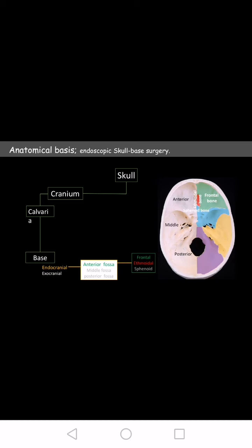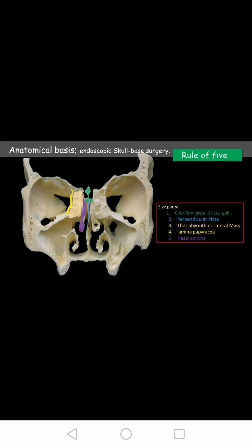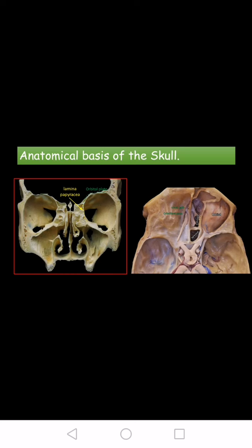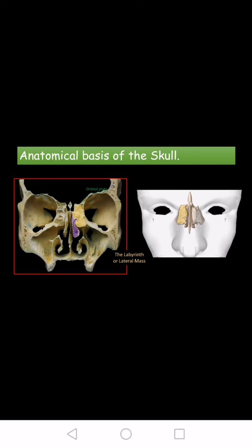Now the ethmoid bone is made also of 5 parts, as you can see here. We'll start with that important bone that we usually deal with in endonasal endoscopic approaches, the lamina papyracea, which makes an important part of the medial wall of the orbit, as you can see, and conchae or turbinates. The middle and the superior turbinate are part of the ethmoid bone, the inferior turbinate is not.